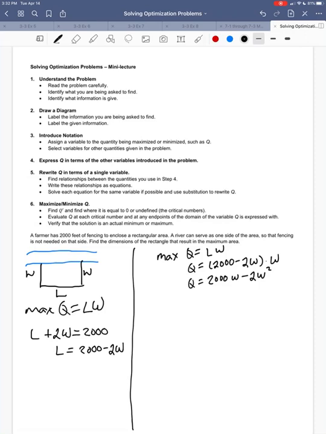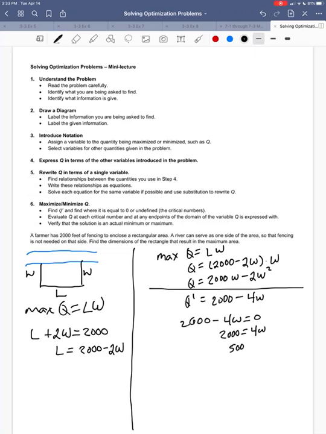And then I'm going to take the derivative. So Q prime is going to be 2,000 minus, bring down the 2, 4W. I'm going to set that equal to 0 and solve for W. Divide both sides by 4, and I get W has to be 500.